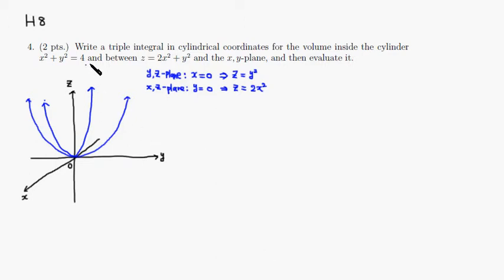Then this has to be inside the cylinder with radius 2. So I'm going to put 2 here, and 2 here, and that's going to be -2 there, and -2 there. So you have a cylinder, and it's going to look kind of like this.